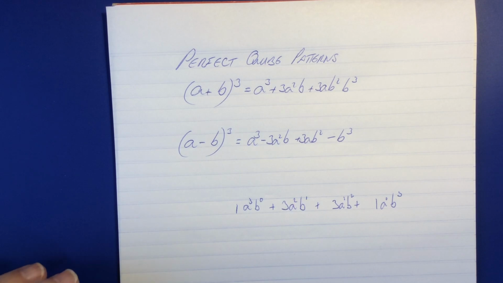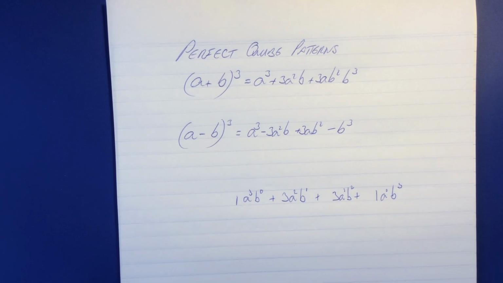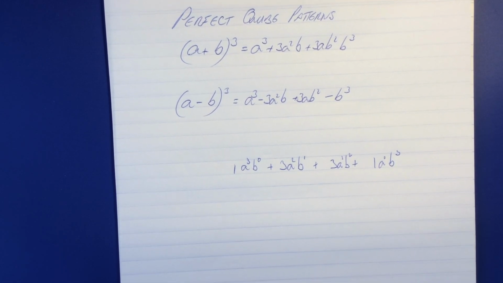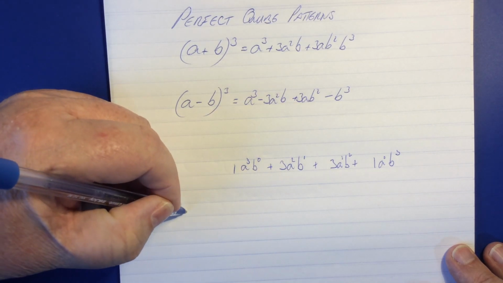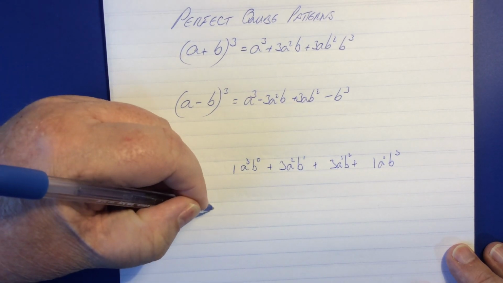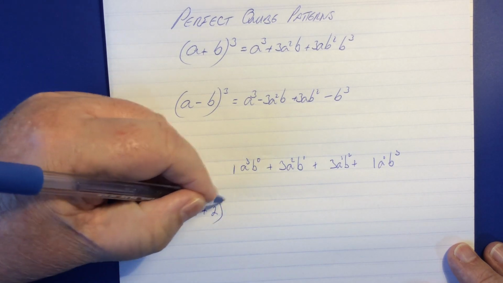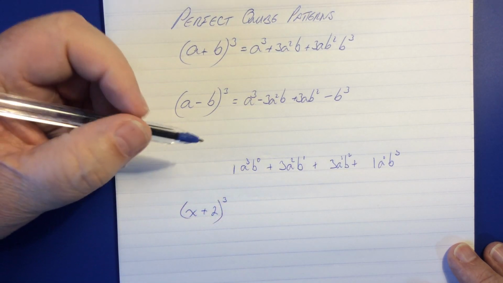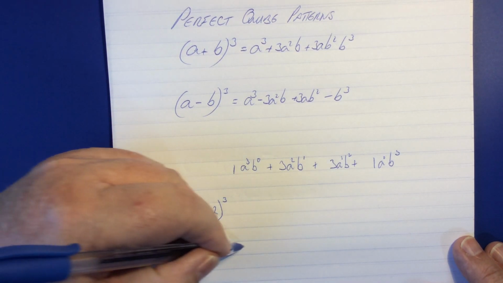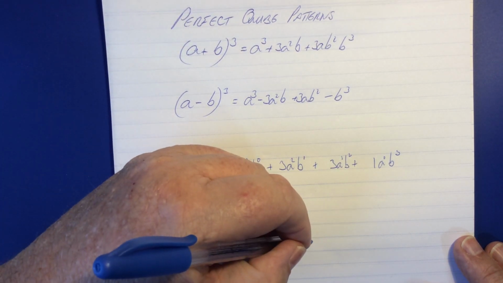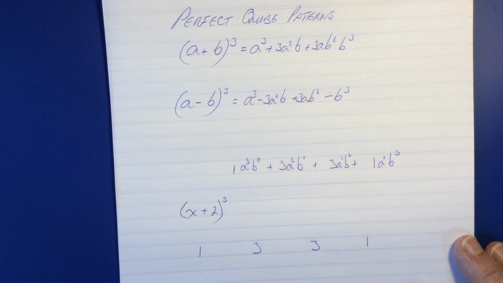Okay. Right, so let's take a really simple example and put this to work. Okay, so we'll try x plus 2. That's nice and simple, and we'll cube it. And we'll just follow this pattern. So 1, 3, 3, 1.